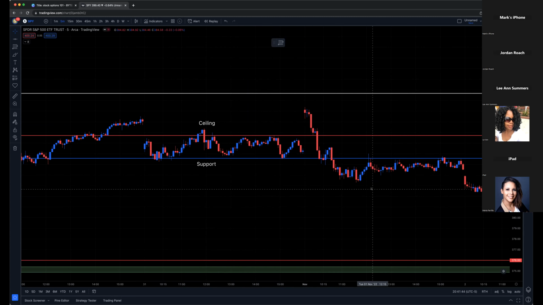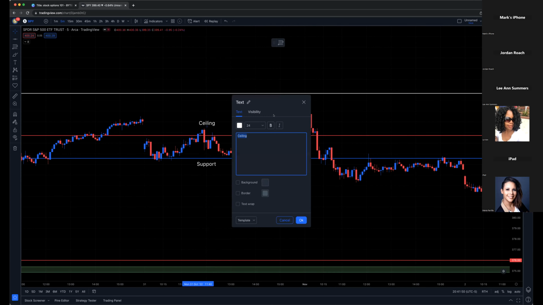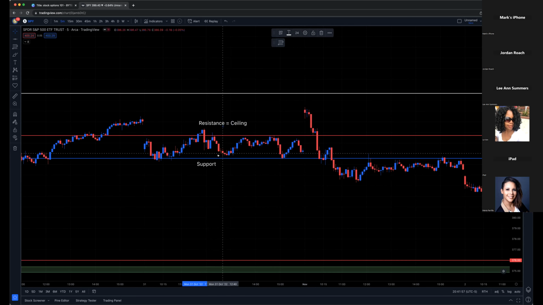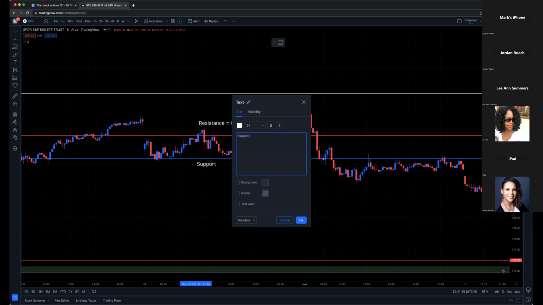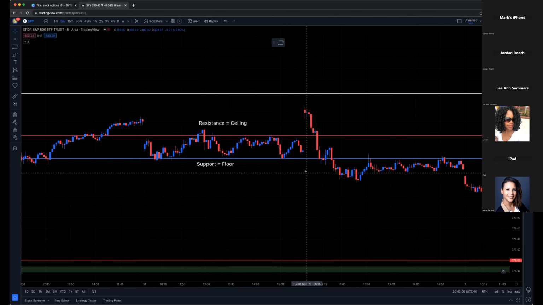Now, what's really important to understand about support and resistance is that just because it's holding for a few times doesn't mean it always will.